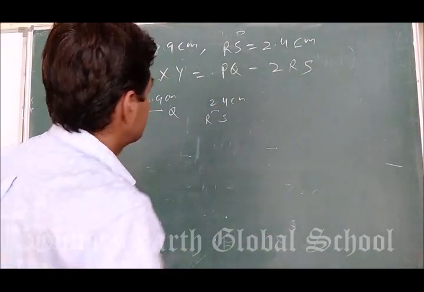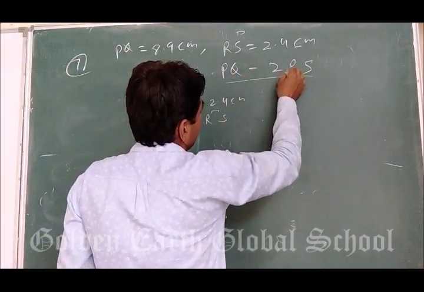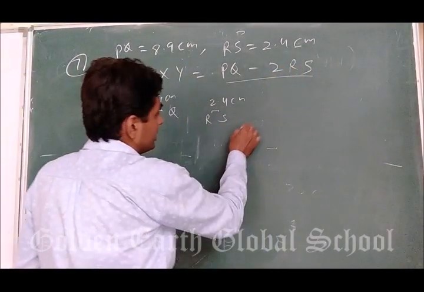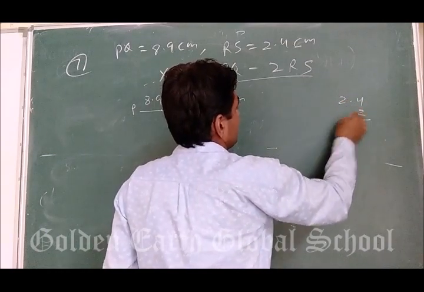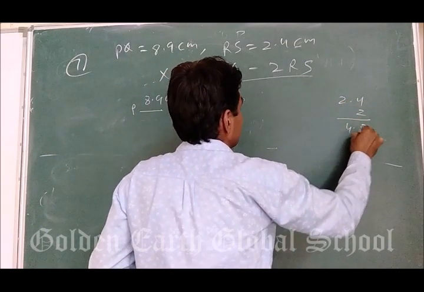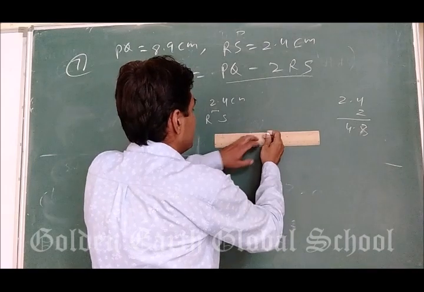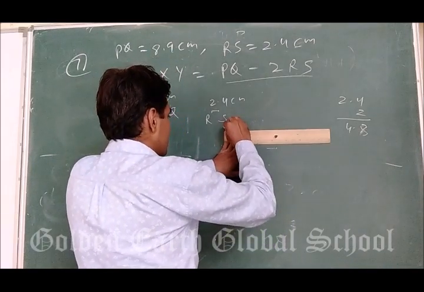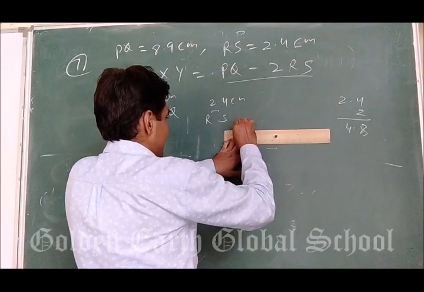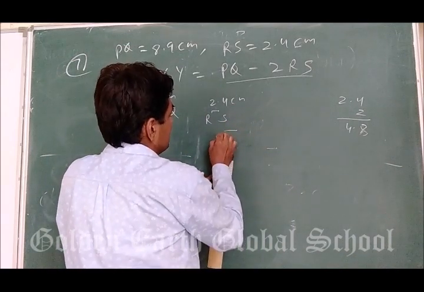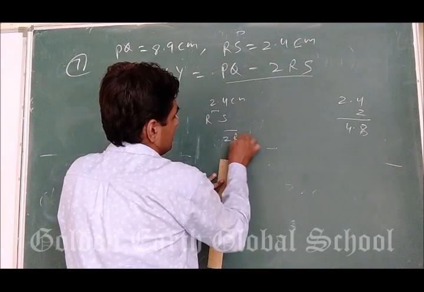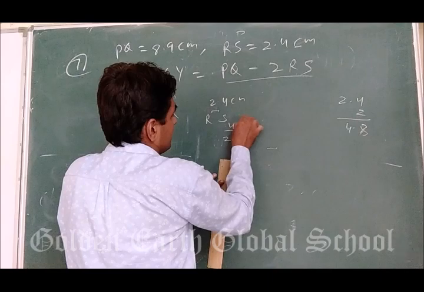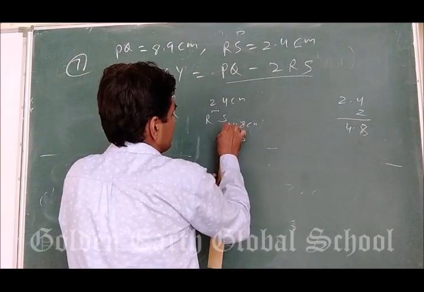And firstly in question you have to double the RS. So RS को double करोगे तो 2.4 multiply 2 is 4.8. So you have to draw 4.8 centimeter. Okay, so this is 2RS, 4.8 centimeter.